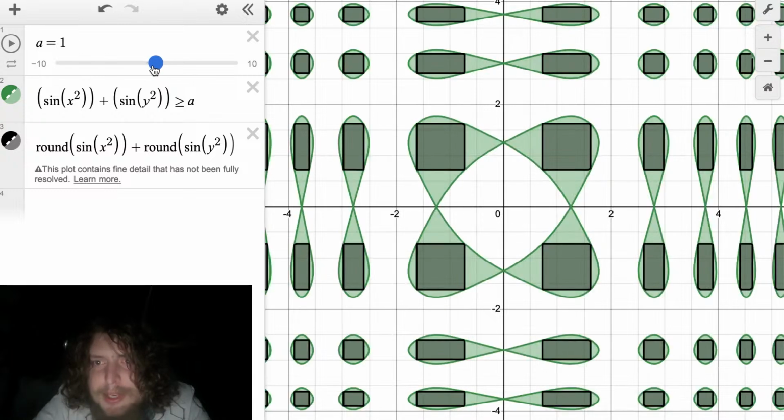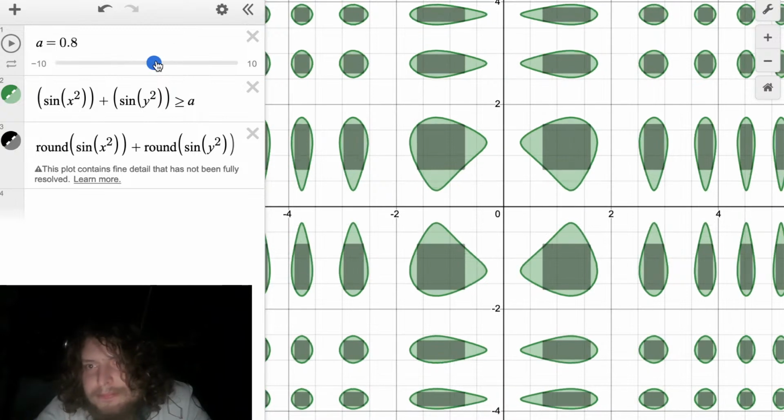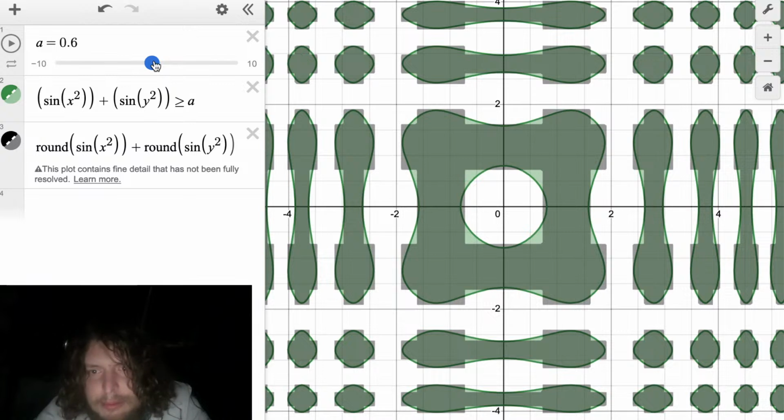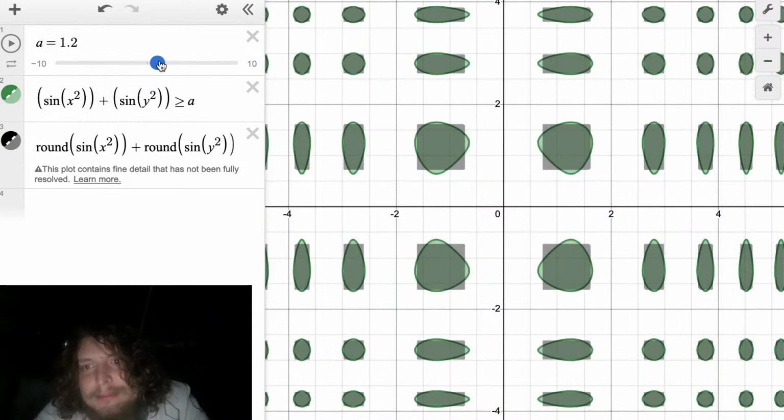So getting up here, we get to a point where we have those thicker borders I was talking about. So the thicker borders are where it's exactly equal. And we get some of those for this darker graph, the one with rounding, when A is 1 here. And when we go past that, we don't have the darker borders anymore, but we have these shapes that sort of cross.